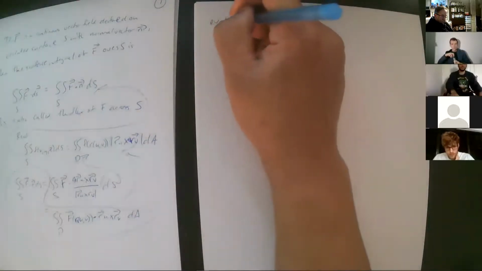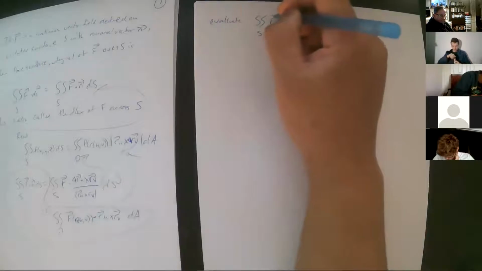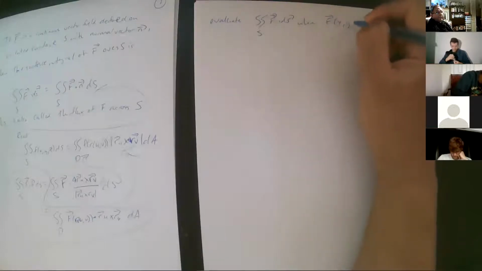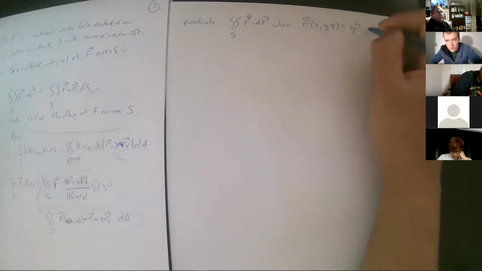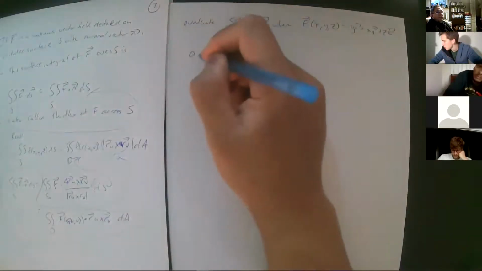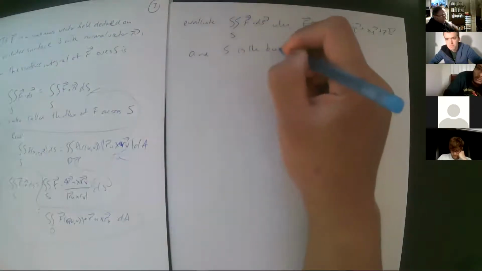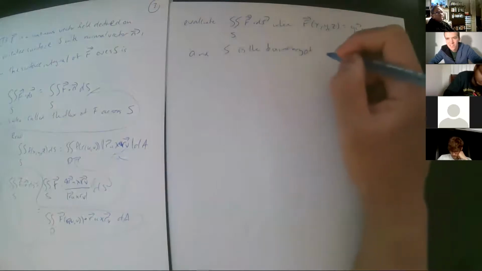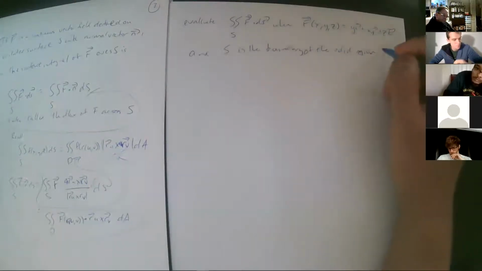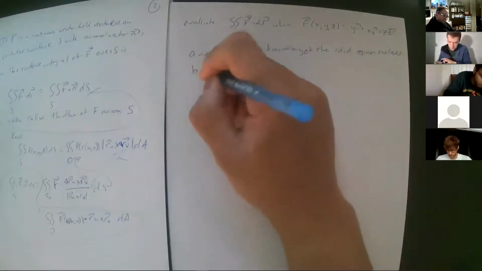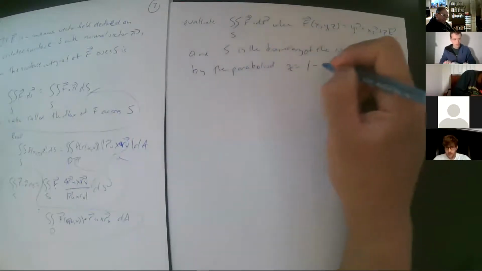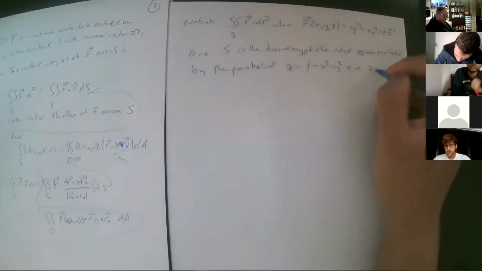We're going to evaluate the integral of f dot n dS, where f of x, y, z is yi plus xj plus zk, and S is the boundary of the solid region enclosed by the paraboloid z equals 1 minus x squared minus y squared, and z equals 0.